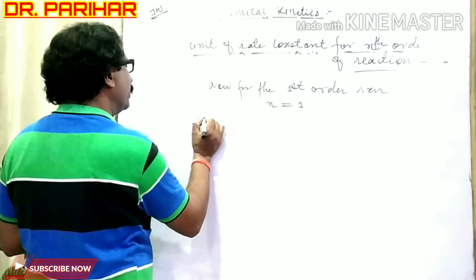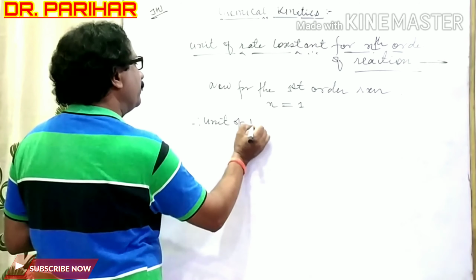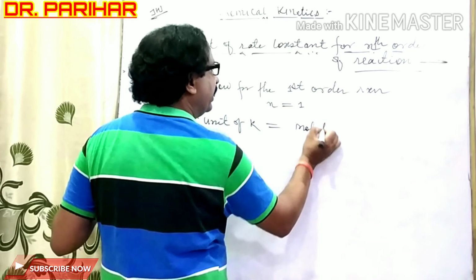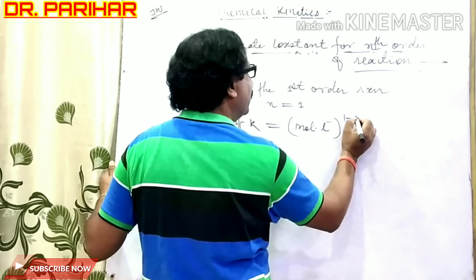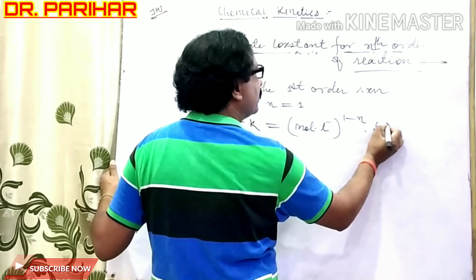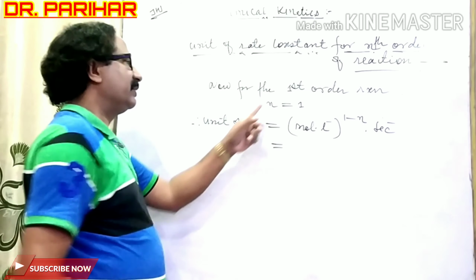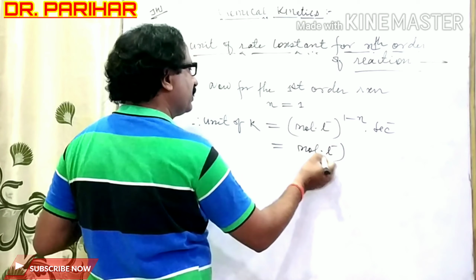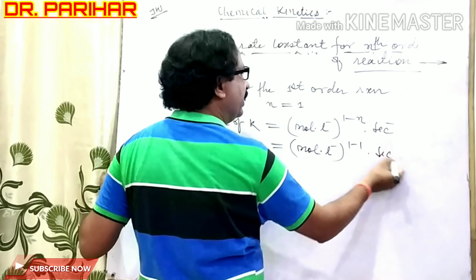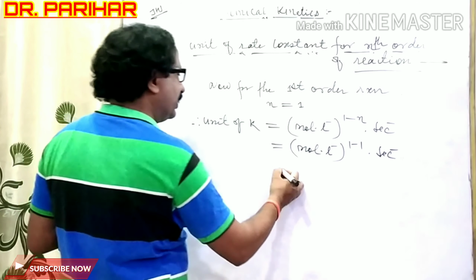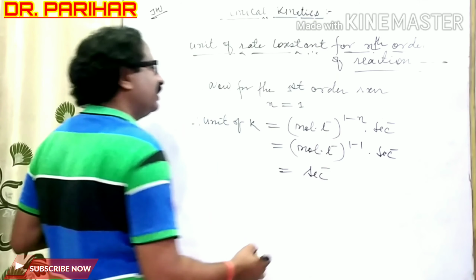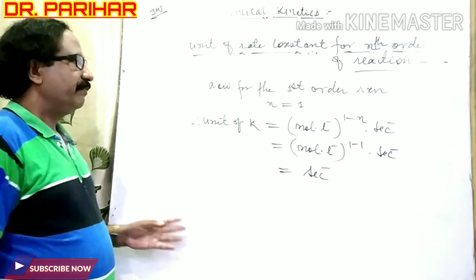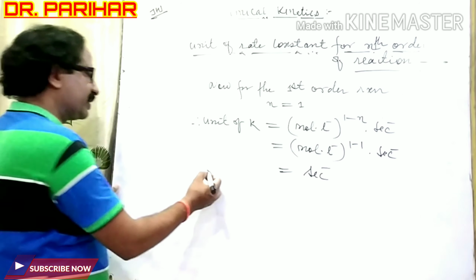Therefore unit of K is equal to the unit of concentration, mole into liter inverse, power 1 minus n into second inverse. Now place n is equal to 1. The unit of K is mole into liter inverse, power 1 minus 1 into second inverse. That is equal to second inverse, because it becomes power 0, and anything to power 0 means 1, right?